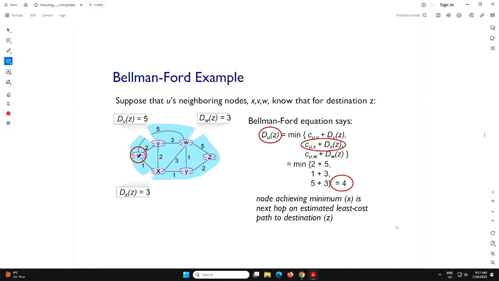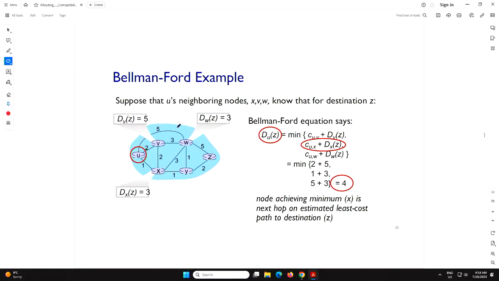So what should you do? You just take the minimum. If it accepts V as its next hop to go to Z, then the cost would be 2 plus 5, so 7. If it chooses to go via X, then going to X is 1 and X is saying I can go with a cost of 3 to Z. So it would be 1 plus 3, 4.